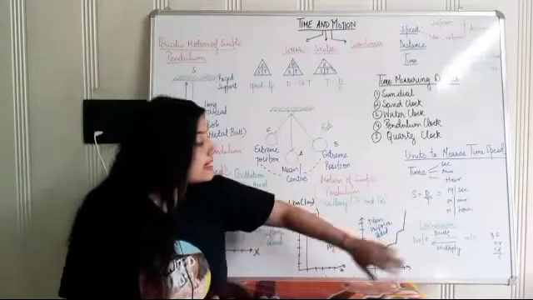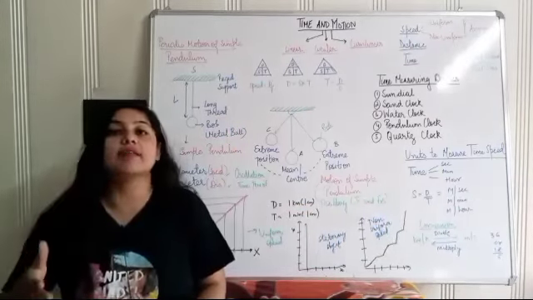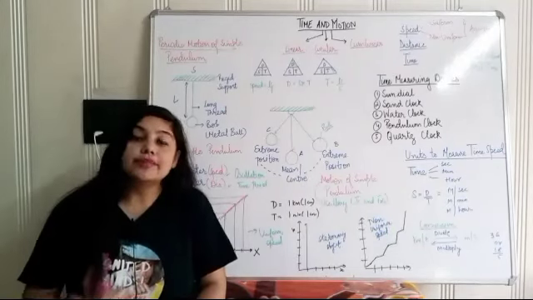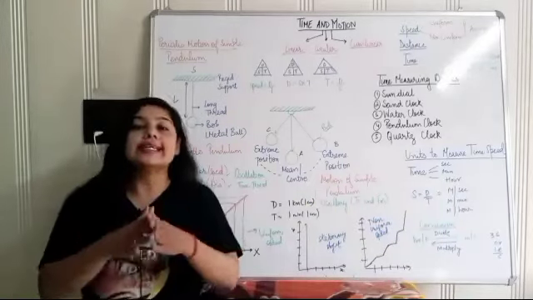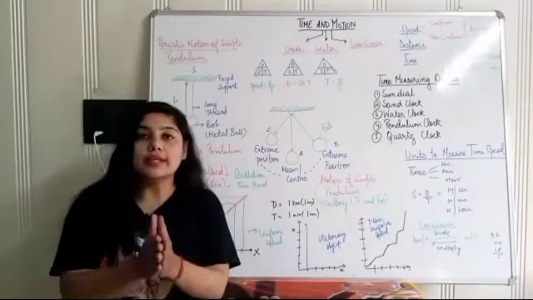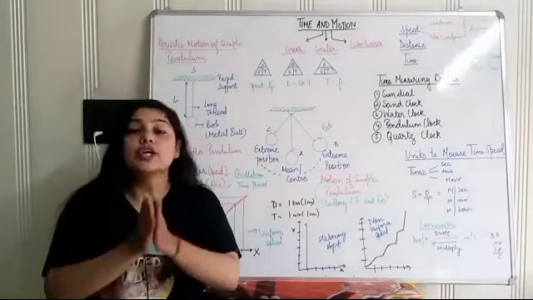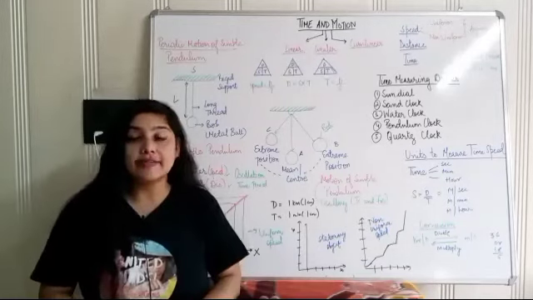Next, there are some conversion units. Suppose the speed is given in kilometers per hour and you have to convert it into meters per second, then how will you do it? Simply divide it by 3.6 or multiply by 5/18.